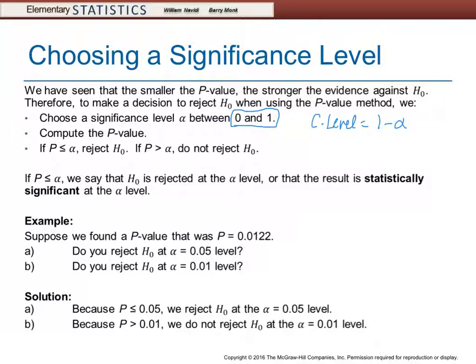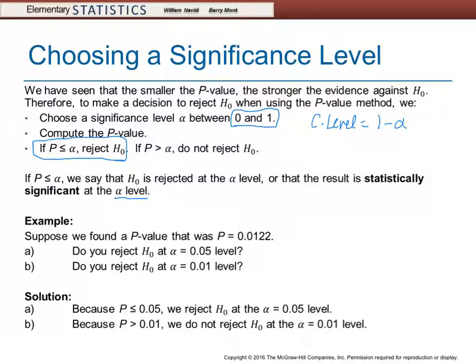So once we compute the p-value, if the p-value is less than alpha, we will reject H0. There is our rule. If the p-value is greater than alpha, we do not reject. So if the p-value is less than alpha, we say that H0 is rejected at alpha level of significance, or that the result is statistically significant at alpha level.